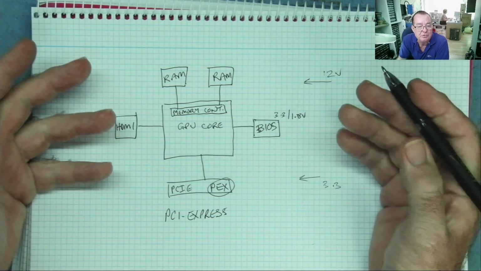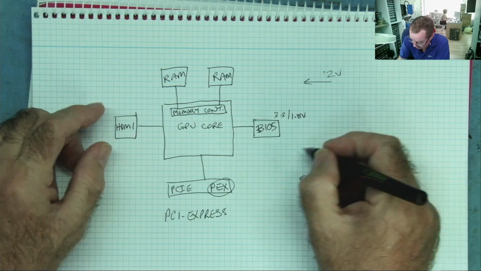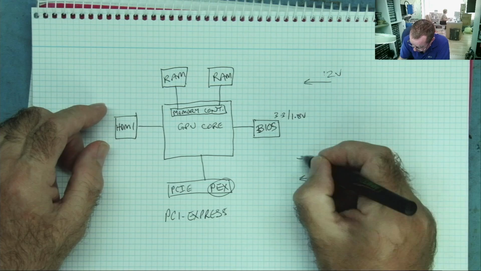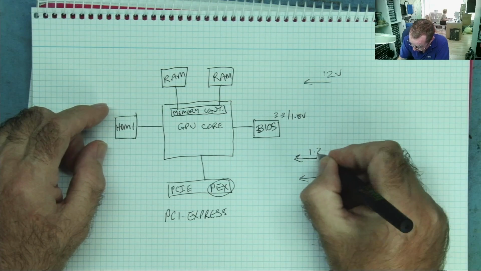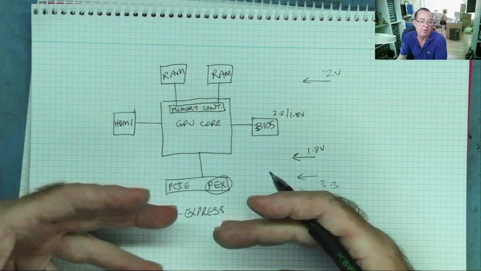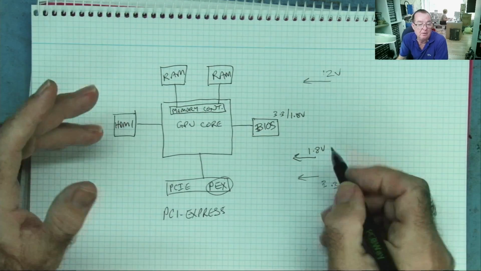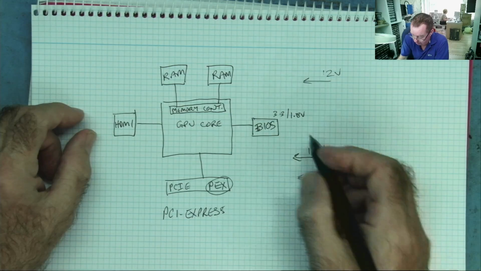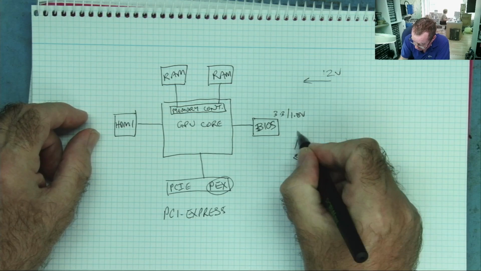So the BIOS chip needs either a 3.3 or a 1.8 volt supply. Generally speaking, on our graphics card, we'll have a 1.8 volt supply. Other parts of the logic circuitry, there's logic circuitry on here as well, may require that voltage to run. So either that or the 3.3 is going into your BIOS.